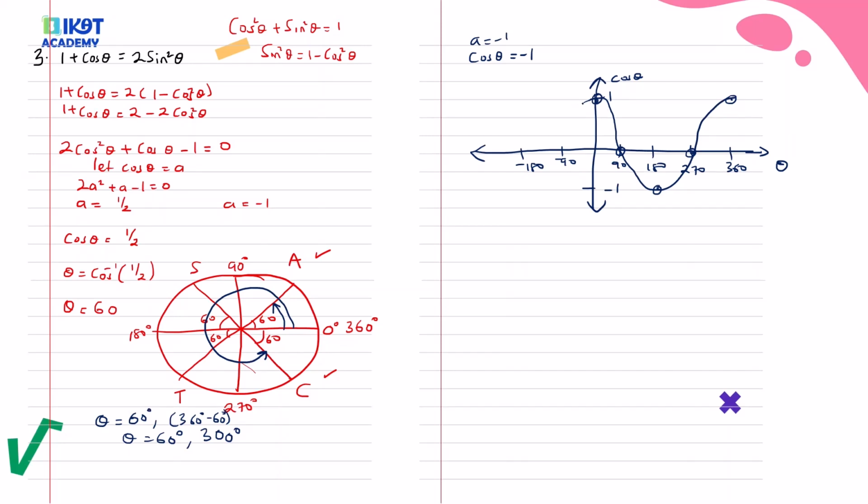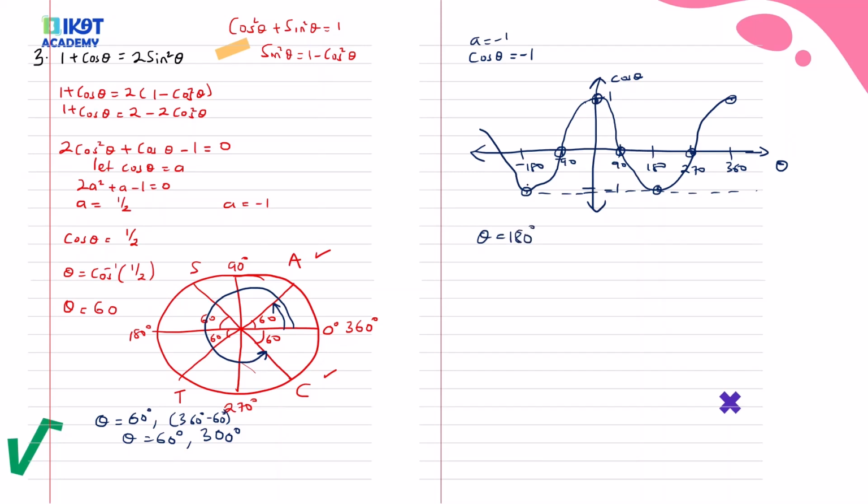And since we say that the graph of cos theta is symmetrical, even without guessing, I know that this will also be like this, like that, because it's symmetrical. So now I just look for where cos theta is negative 1, so I come and mark negative 1, and I see what I have here is 180. So theta is 180.